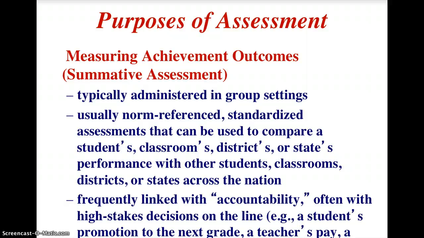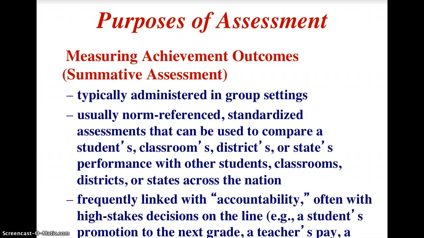These are standardized assessments. And a good example of this would be state mandated testing, such as the PASS testing here. The No Child Left Behind mandate, that would be a summative assessment.